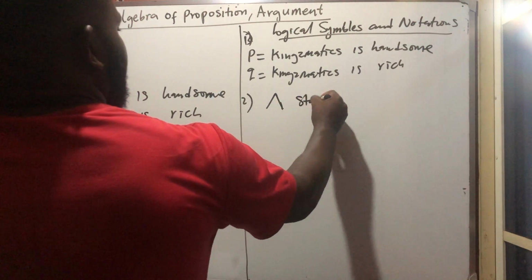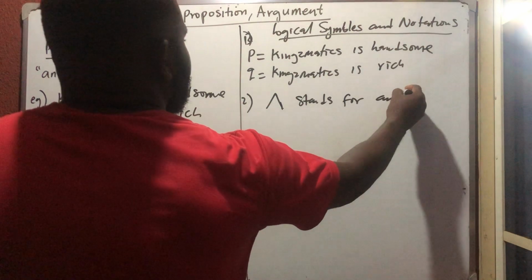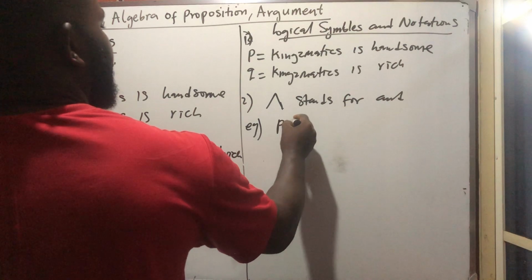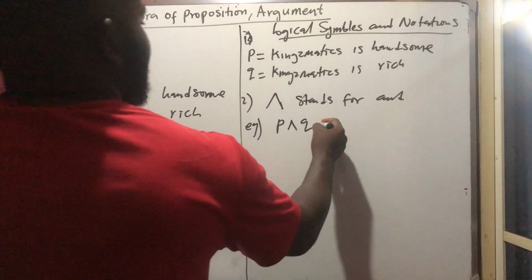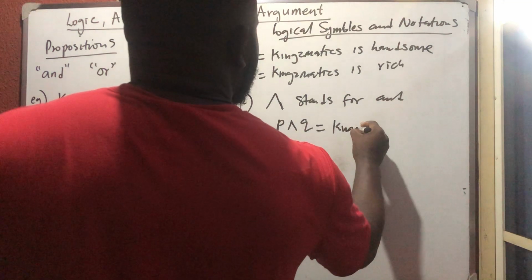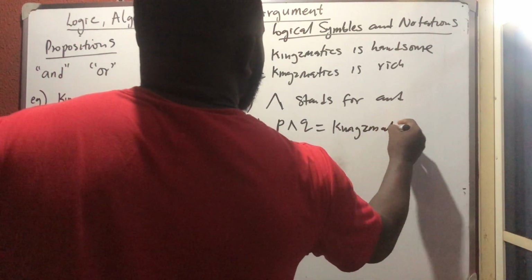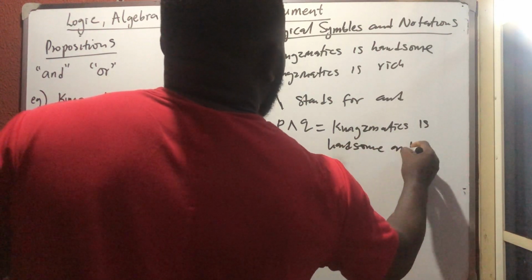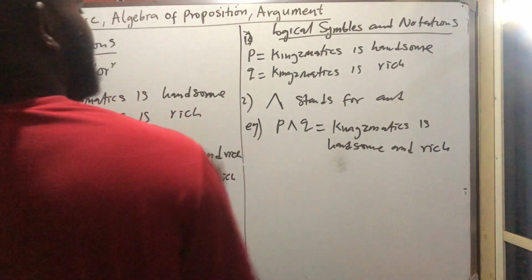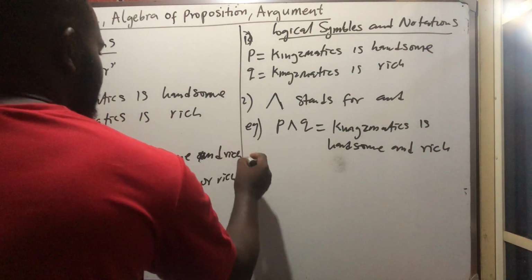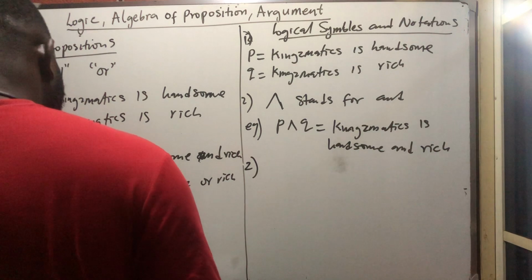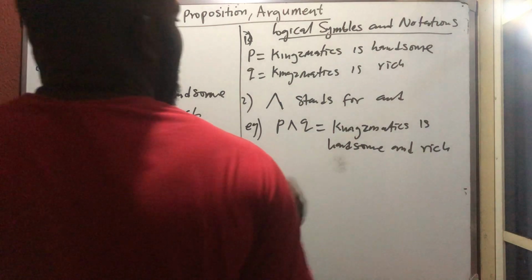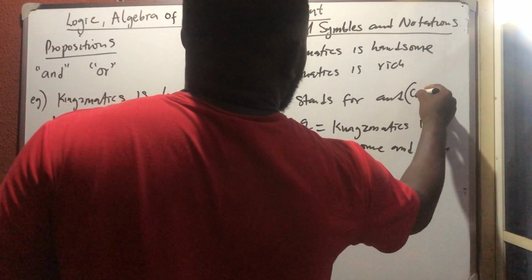For example, if I want to combine these, I will say P and Q. That is the statement that says Kingsmatics is handsome and rich. So we use this symbol to represent and. It is called conjunction. Yes, this is called conjunction. Another word for and is conjunction.